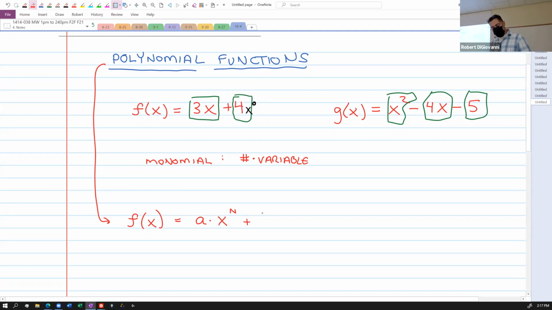Then plus another number b, times x now to the n minus 1, so 1 power less than the one that was in front. And then another number in front of x to the n minus 2. And I keep doing this until I get to the very end where I just have some number by itself. All polynomials look like this.